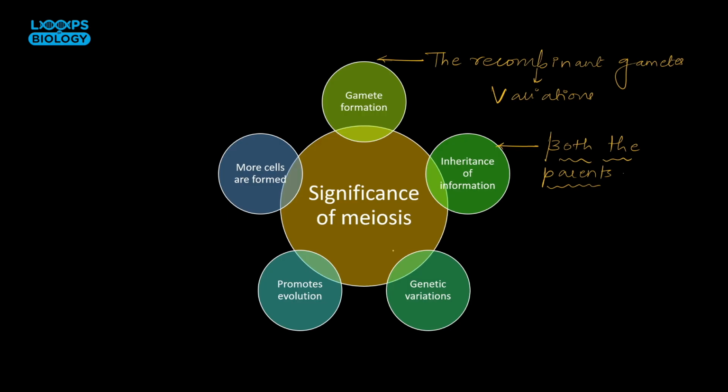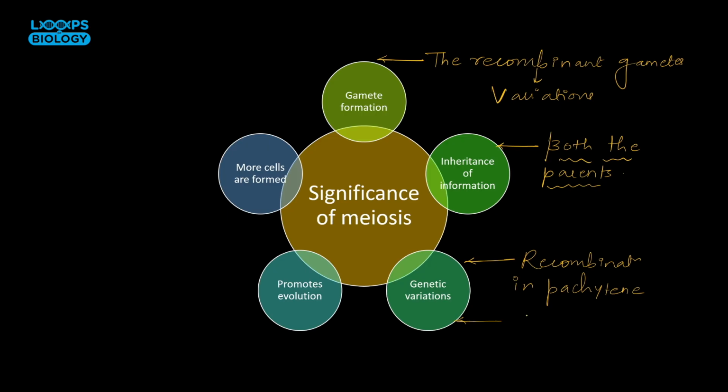Then due to the pachytene phase, there is genetic variation. So there is going to be recombination in the pachytene phase, where you are going to see the genetic variation taking place. Along with that, the chromosomes of the parent are also going to decide the genetic variations.